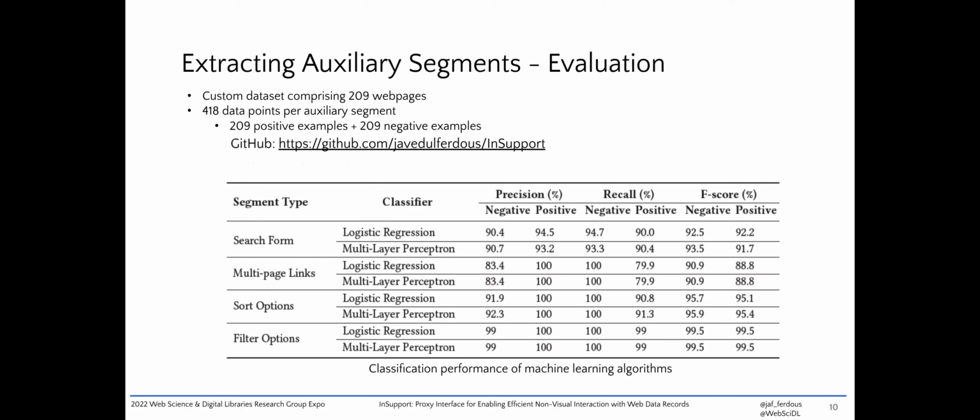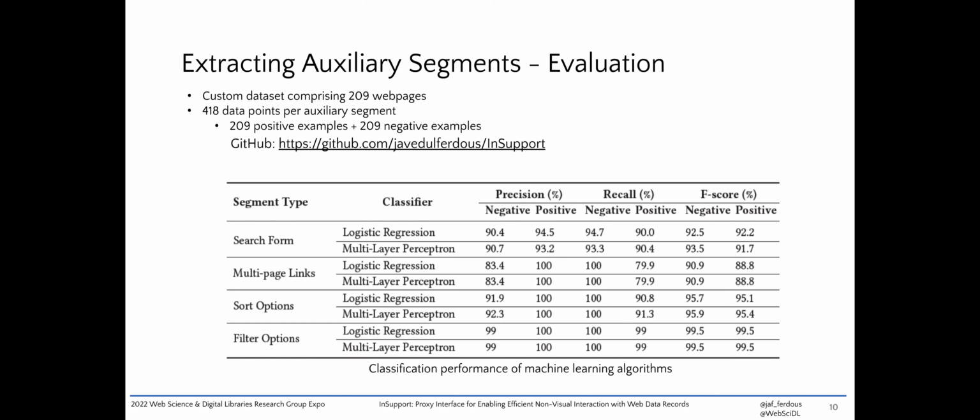To evaluate the machine learning model, we built a data set for each of the 4 auxiliary segments from a common source of 209 manually annotated web pages. Since each web page contains one instance of each type of auxiliary segment, in total we had 209 positive samples per auxiliary segment type. We also randomly picked one negative data point per auxiliary segment type from each web page in order to have a balanced data set having a total of 418 data points.